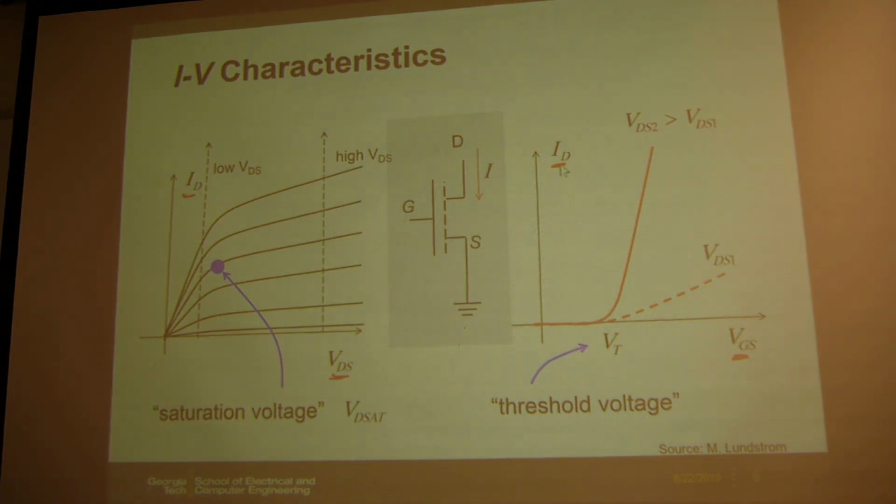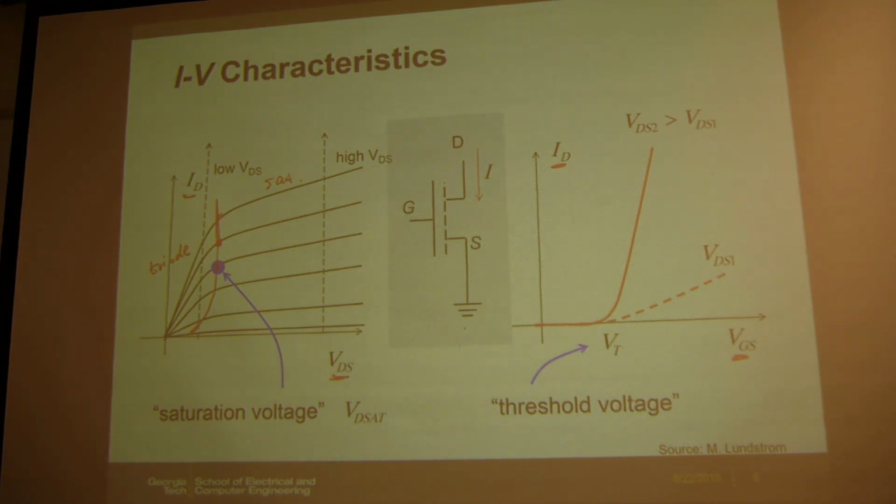So this is drain current with respect to the gate voltage. And here we have different operation regions. So in the ID-VD, we have this turning point, which is the separation between the triode and the saturation region.